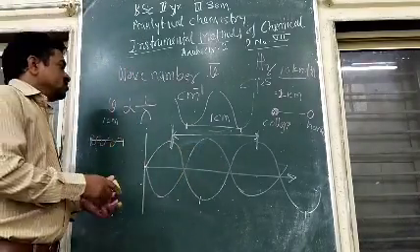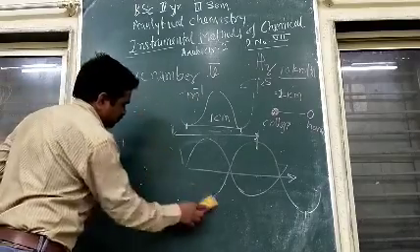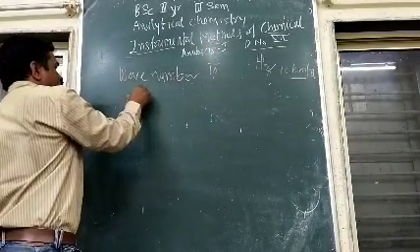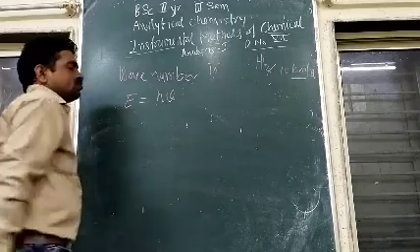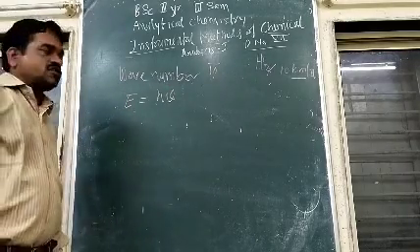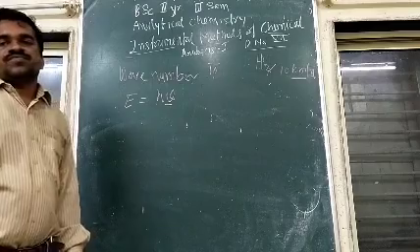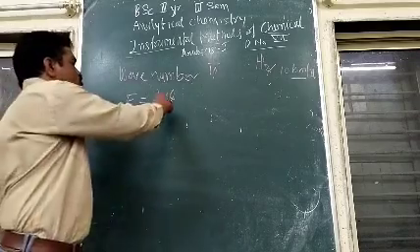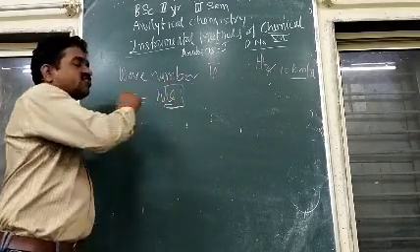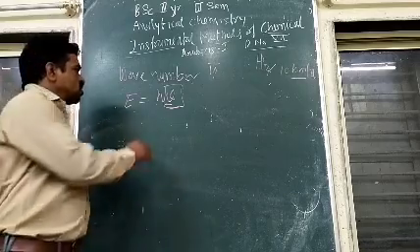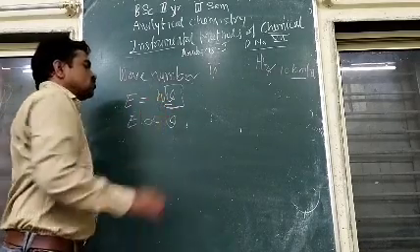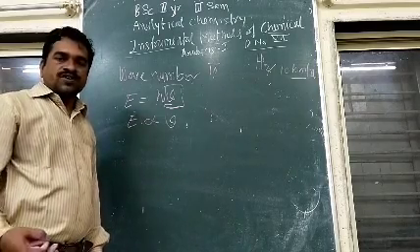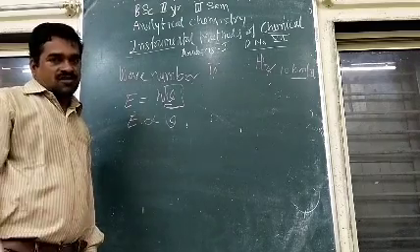That energy is given by E equal to h nu. h is Planck's constant, nu is the frequency. Means the energy of electromagnetic radiation relates to the frequency. h is constant, so we may say E is proportional to nu. As frequency increases, energy increases. As frequency decreases, energy decreases.